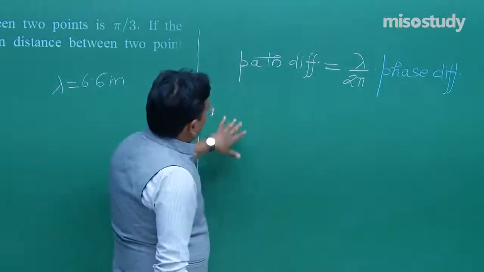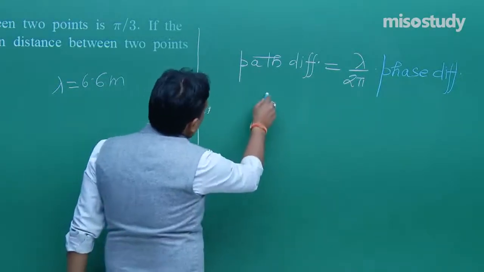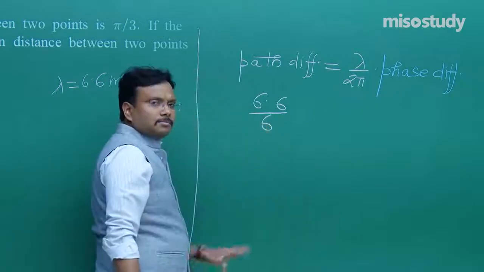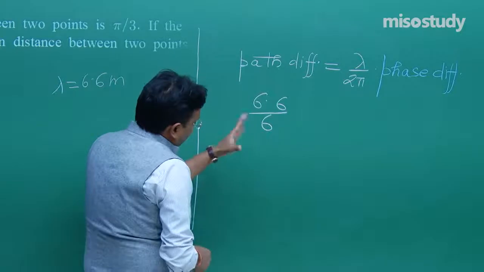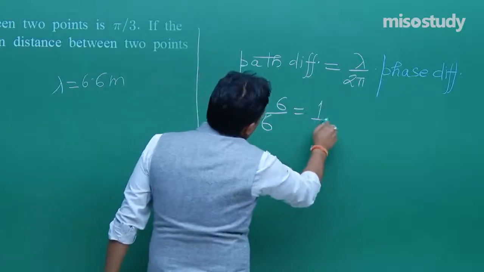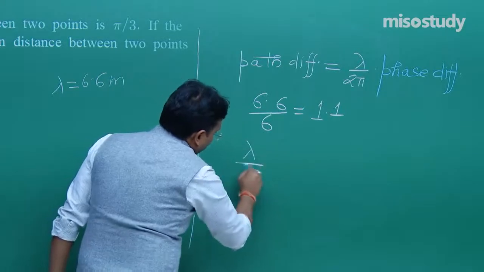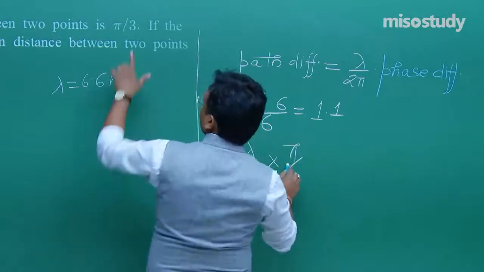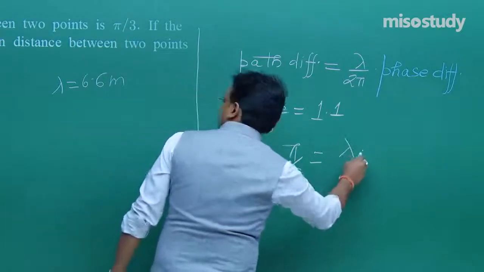Now, path difference and phase difference, if I can correlate, then I can write down 6.6 upon 6. Lambda value given, 2 pi is going to be cancelled. So it is 1.1 meter. Now finally, lambda upon 2 pi into pi by 3, it is mentioned pi by 3, it will give you lambda by 6.